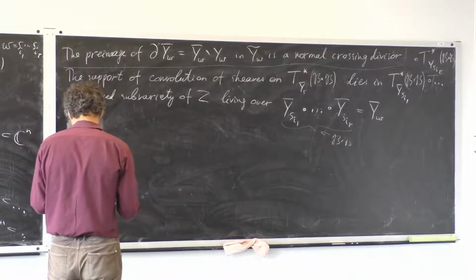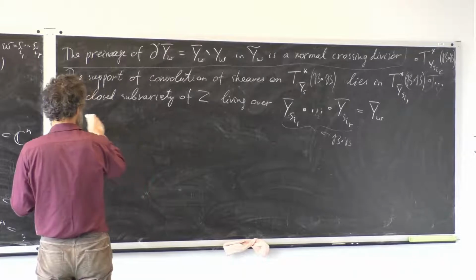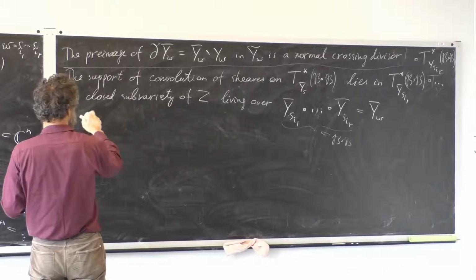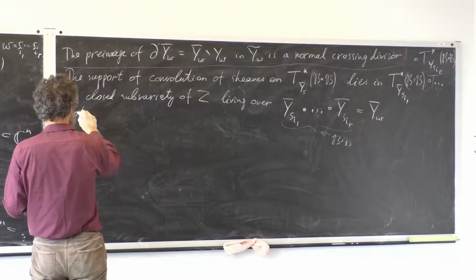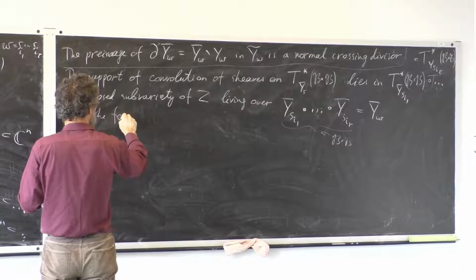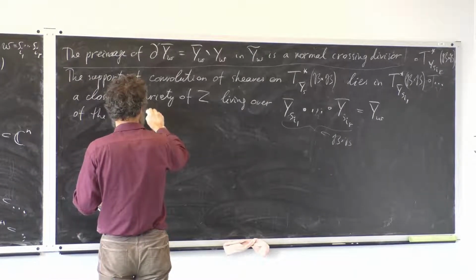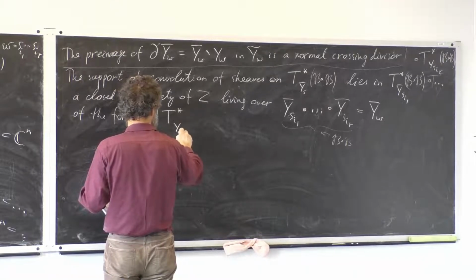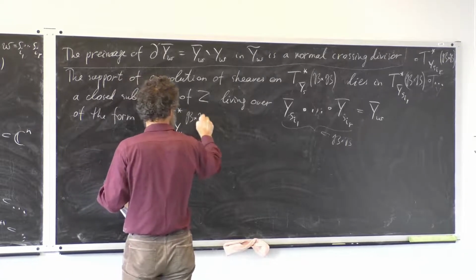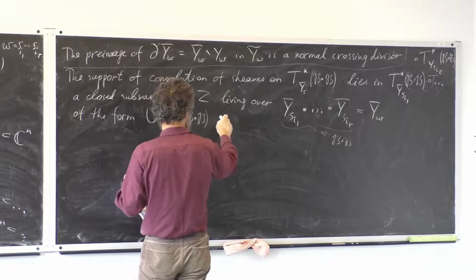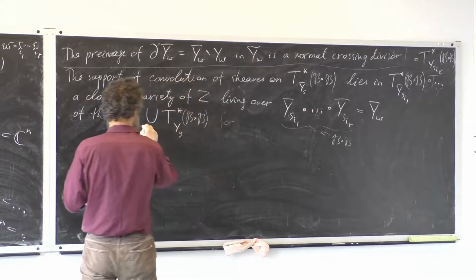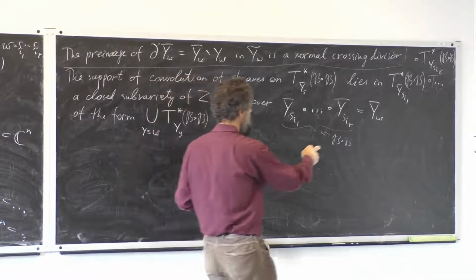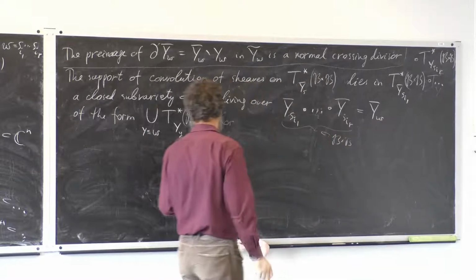Okay, so hence this subvariety is of the form union of conormal bundles to y, for y less than or equal to w, because it lives in the closure of this Schubert variety.